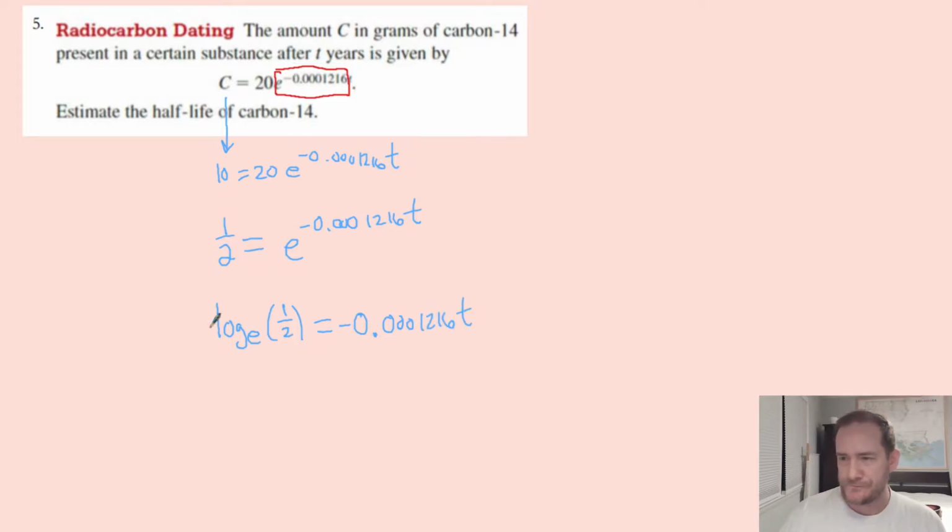Alright, so first of all, log base e can be more efficiently written as just the ln of 1/2, which we don't know what that is. That's an ugly value, so you'll just leave it as ln, and that equals this. And so to get your final answer, you just divide by that.